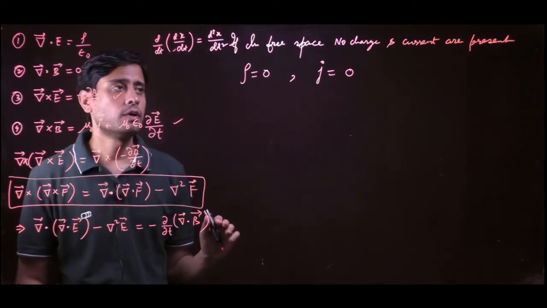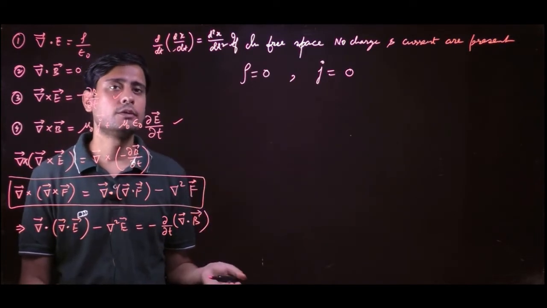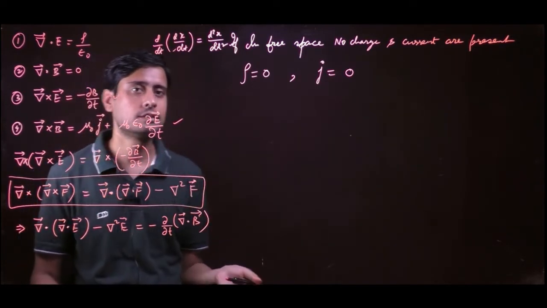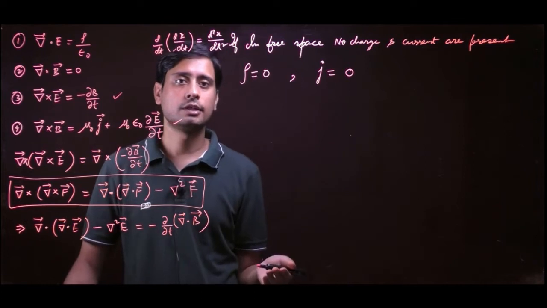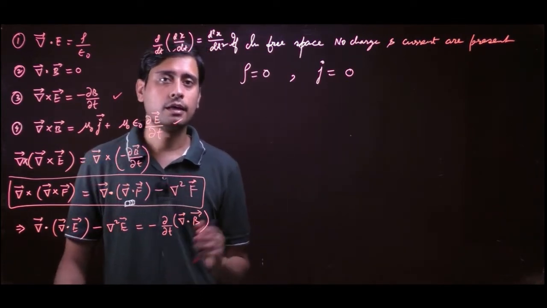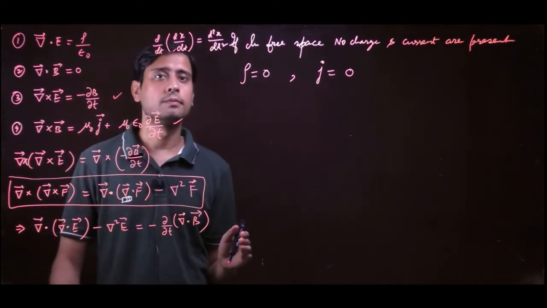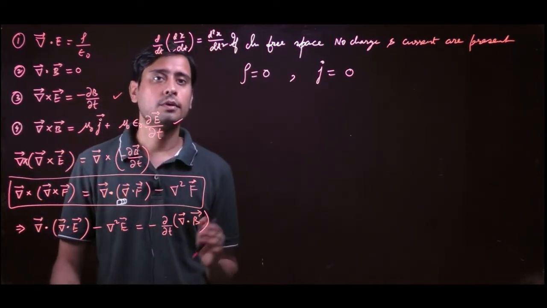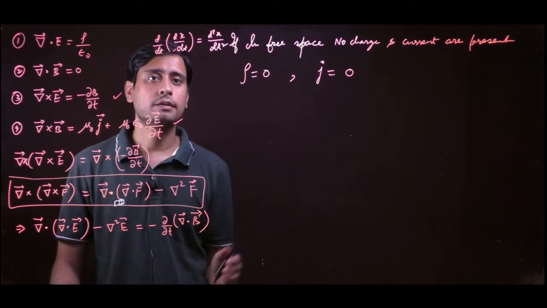So for that case, assume light to be a wave, because it was suggested by Young's double slit experiment that light has the properties of a wave, because of the interference patterns observed.